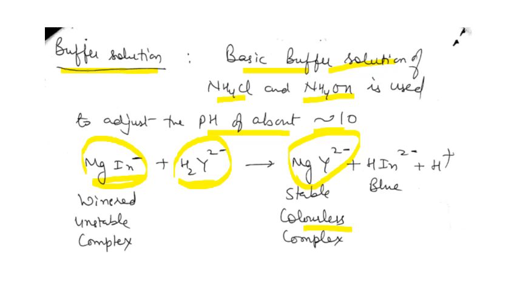As soon as this complex is formed, the indicator becomes free, and which color can we see? At pH 10 its color is blue. So that is the blue form which becomes free here. So the end point is wine red to blue. As soon as your solution changes color from wine red to blue, you have the indication that the complex is formed and you have to stop the titration. That's the main thing.